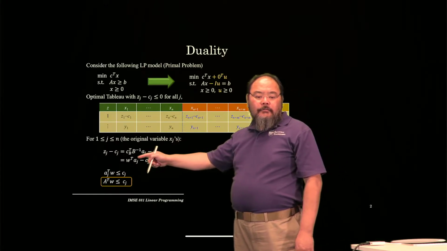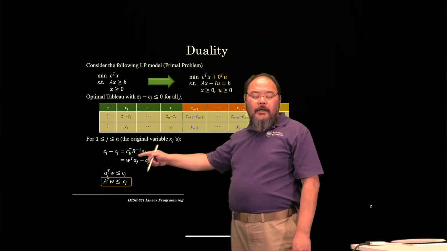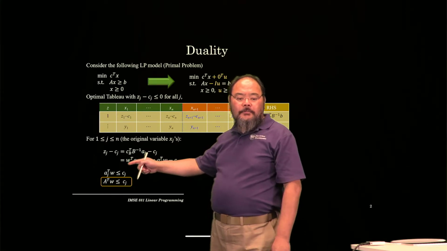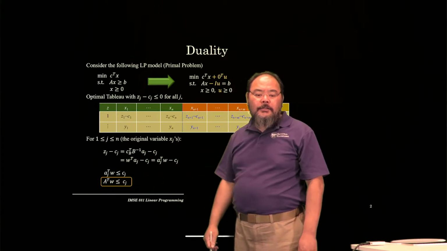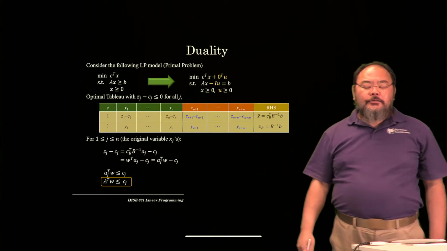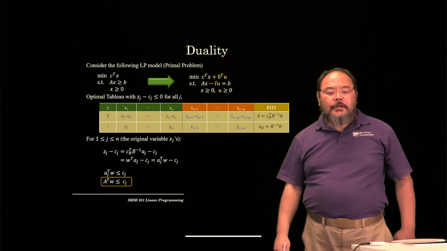We define cB transpose times B inverse as a variable called omega, and this becomes omega transpose times aj minus cj, which equals aj transpose times omega minus cj.